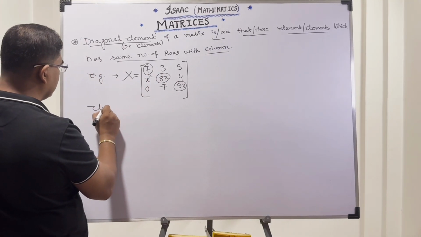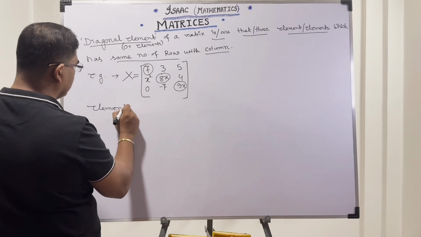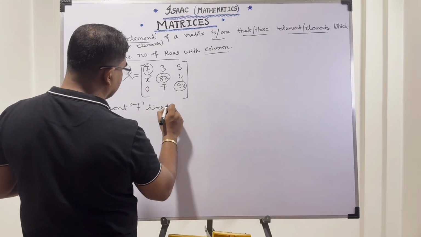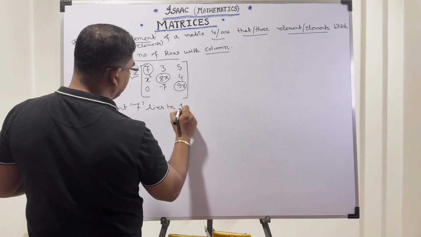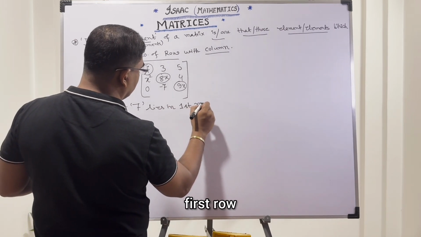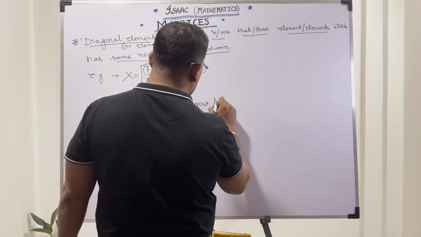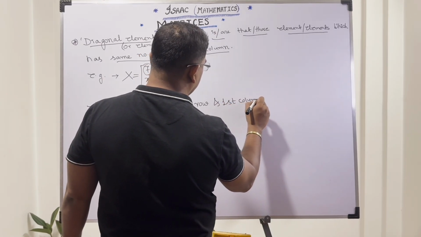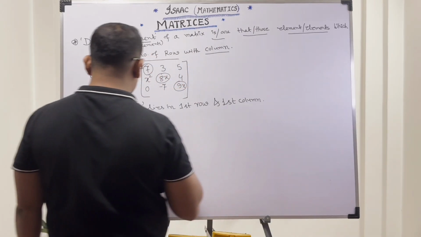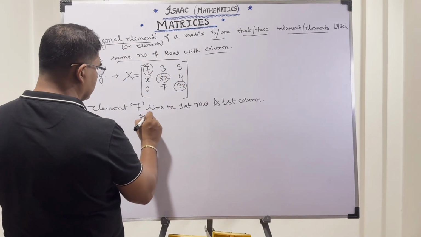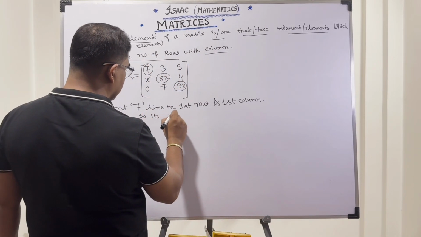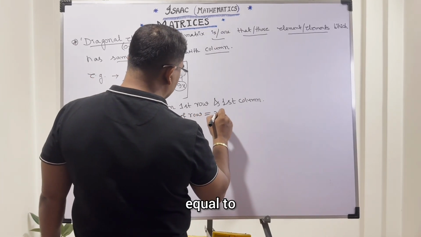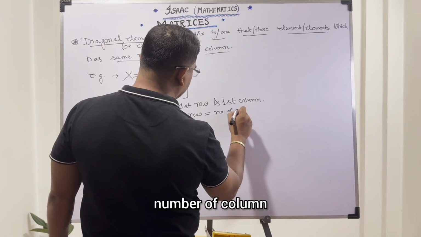Element 7 lies in first row and first column. So its number of row equal to number of column.